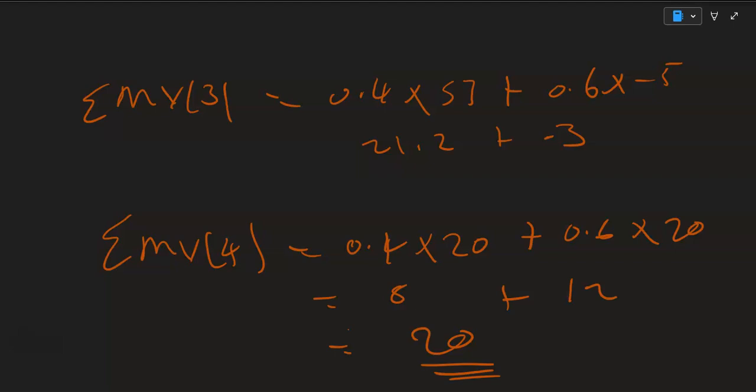Okay, so let us less that one from 21.2. So 21.2 minus 3 gives us 18.2, isn't it? Okay, we can reaffirm that 0.4 times 53, plus 0.6 multiplied by negative 3 gives us 18.2.